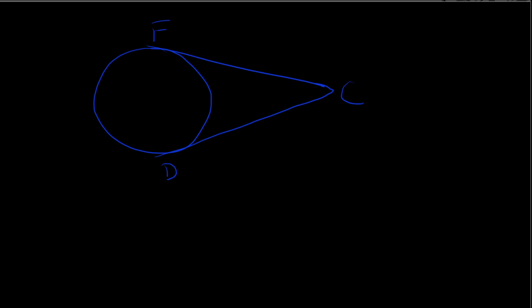And then we're going to have a secant line. Okay, so we're given DC is 8. BC is 4. I want to find the length AC and CF.